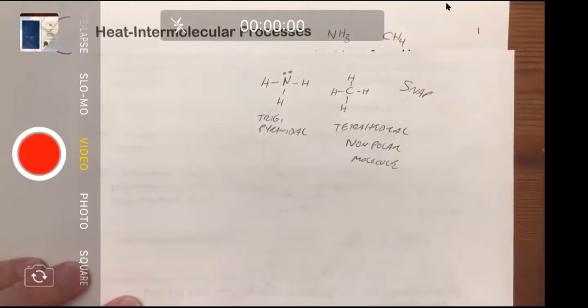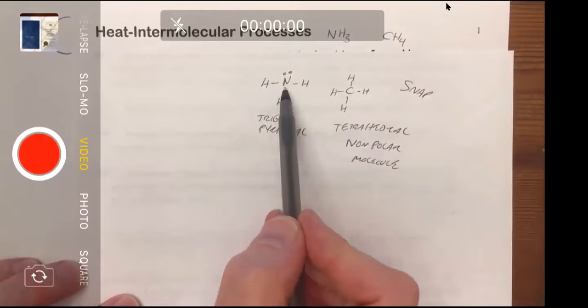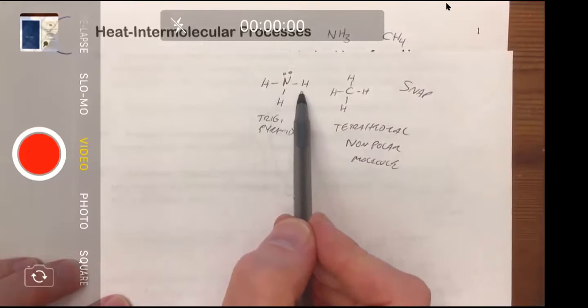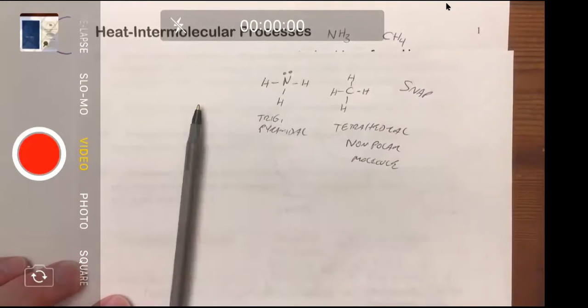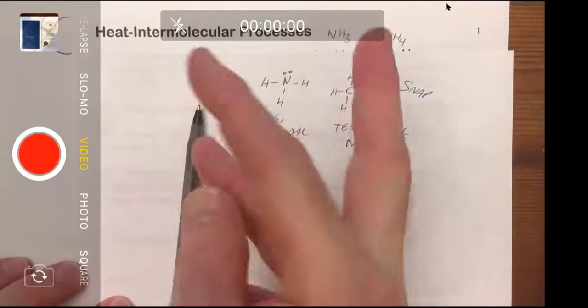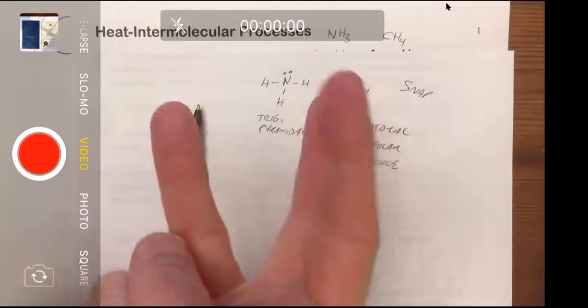Let's see here, Chris Short. All right, I've got a trigonal pyramidal. Nitrogen is really electronegative. It's good at attracting electrons. Hydrogen's pretty crummy at attracting electrons. Is this one going to be symmetrical? It's got 3, but then there's that lone pair.